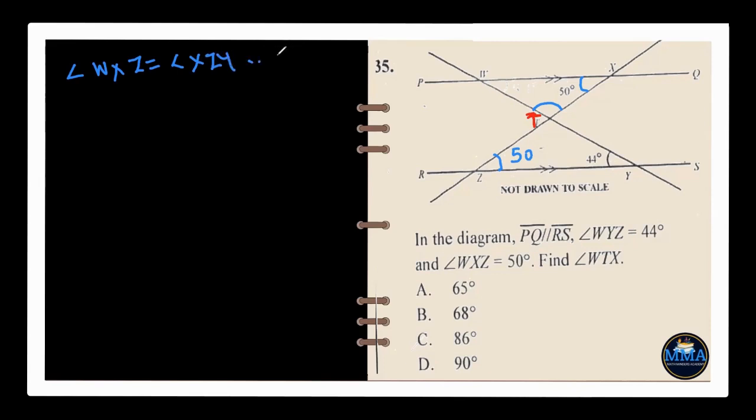Of course, we say the reason, call this alternate angles, line PQ is parallel to line RS. Okay, so that's taken. So this one we can say here equals to this, which is equal to 50 degrees.